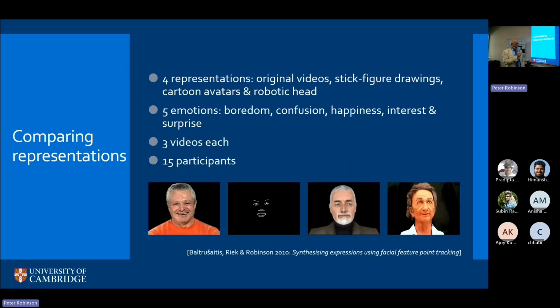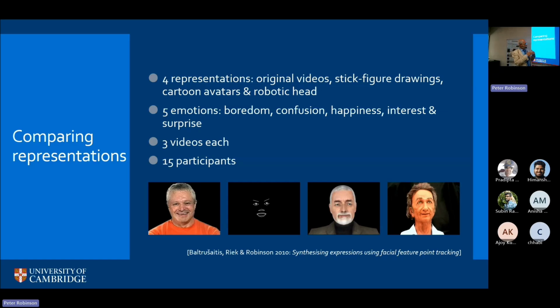We got some video clips and ran our face tracker on them, and then we produced a cartoon image that just showed the feature points that the face tracker was tracking. We used that to animate a cartoon avatar, which is the bearded man, and also to animate our robot. And we played different emotional expressions and looked to see how well they would be recognized.